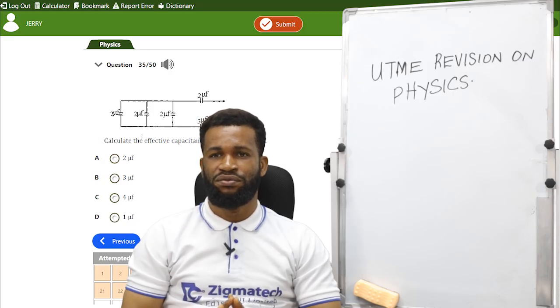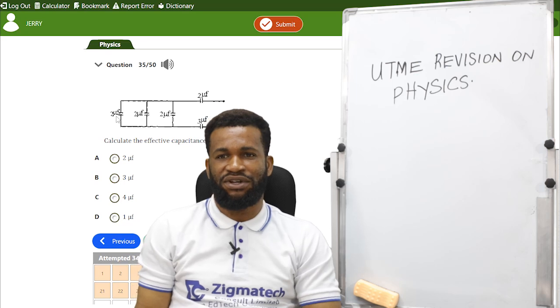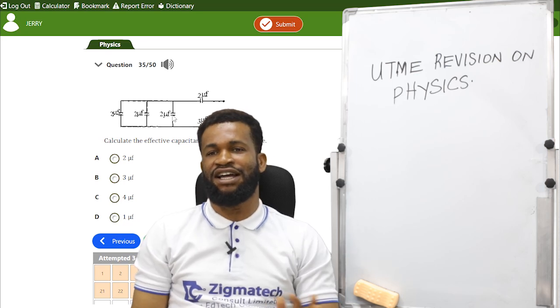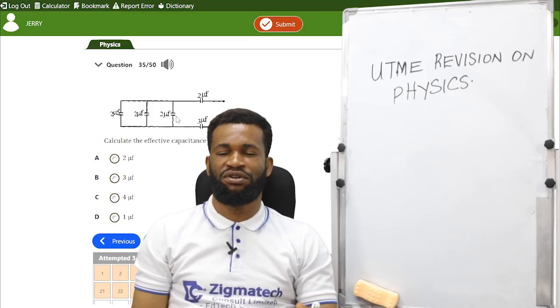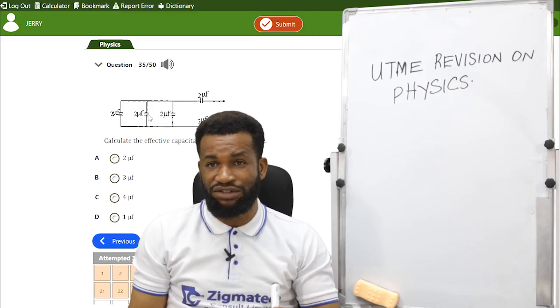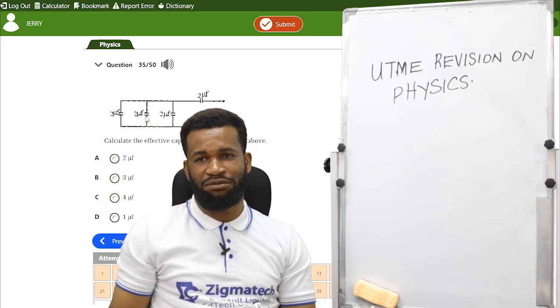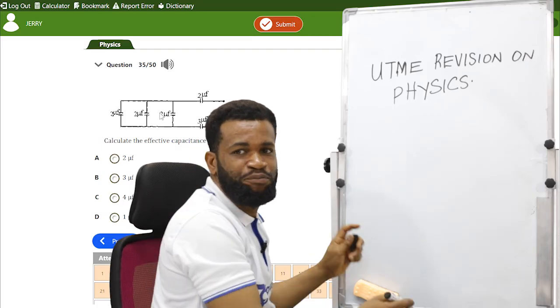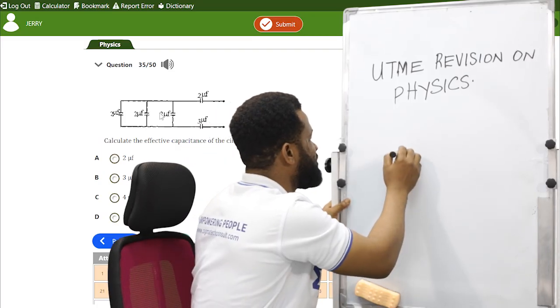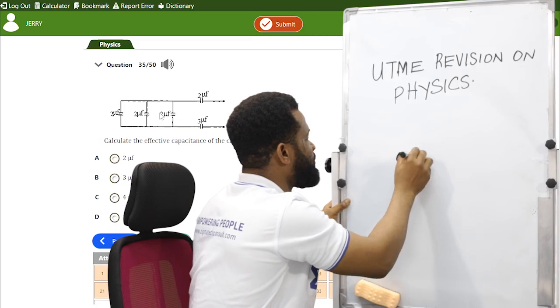If it is resistance and they are in parallel, we are going to take 1 over R equals 1 over R1 plus 1 over R2, but it's opposite for capacitance. So parallel capacitors are added. The total I'm going to have there is 6 microfarad.